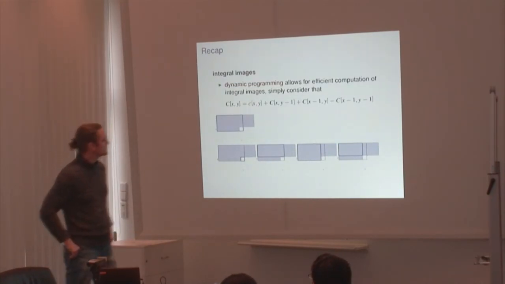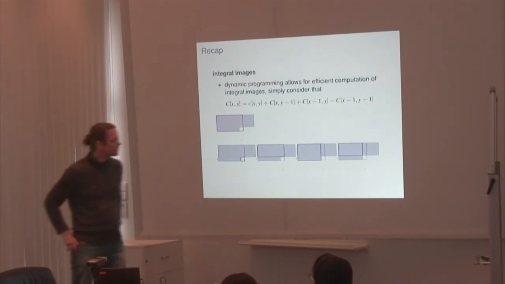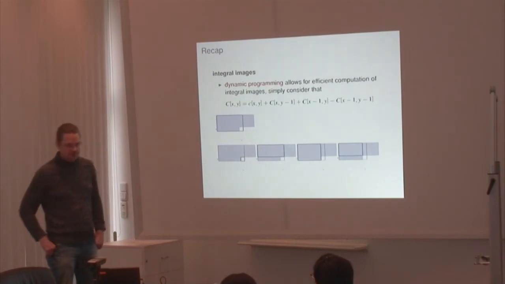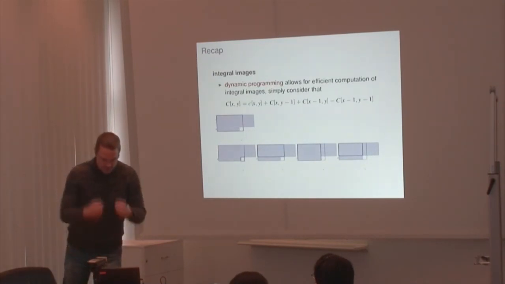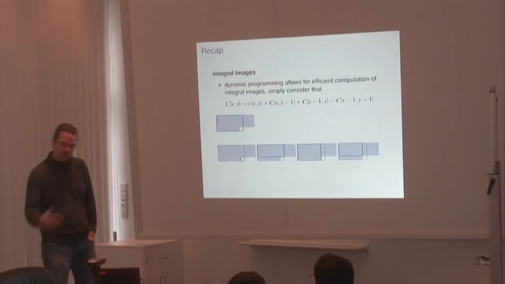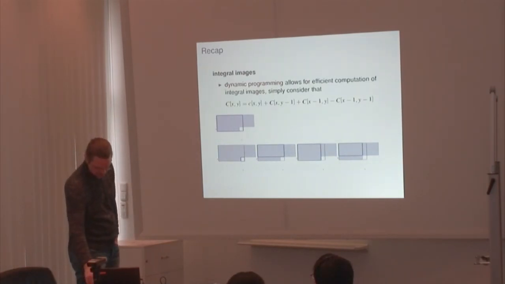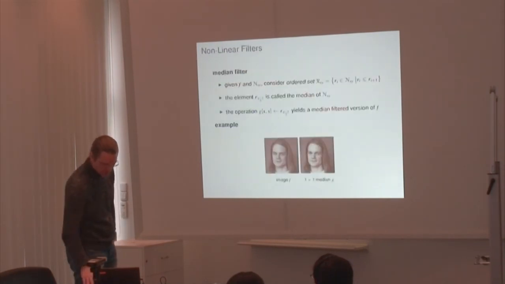We'll see that these ideas of dynamic programming are at the heart of many modern image analysis algorithms. And why? Once again, because it is so fast. It is so fast that a consumer product camera can do it without you having to wait for 5 seconds or whatever.